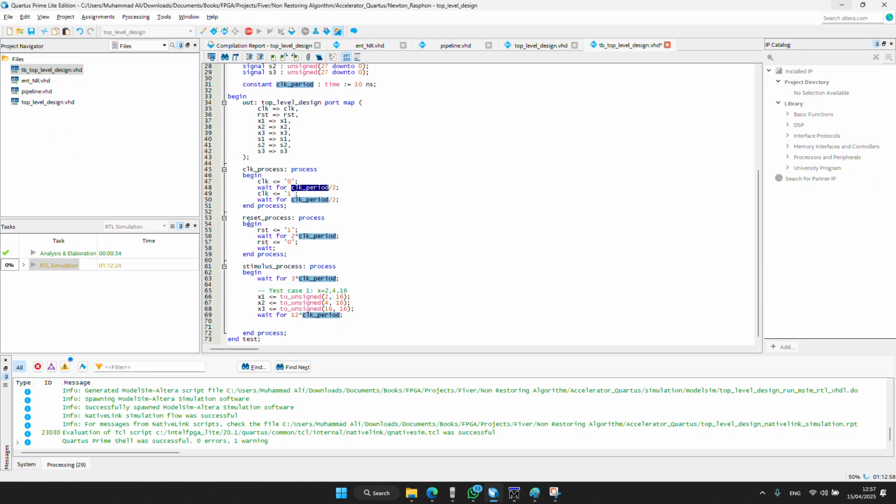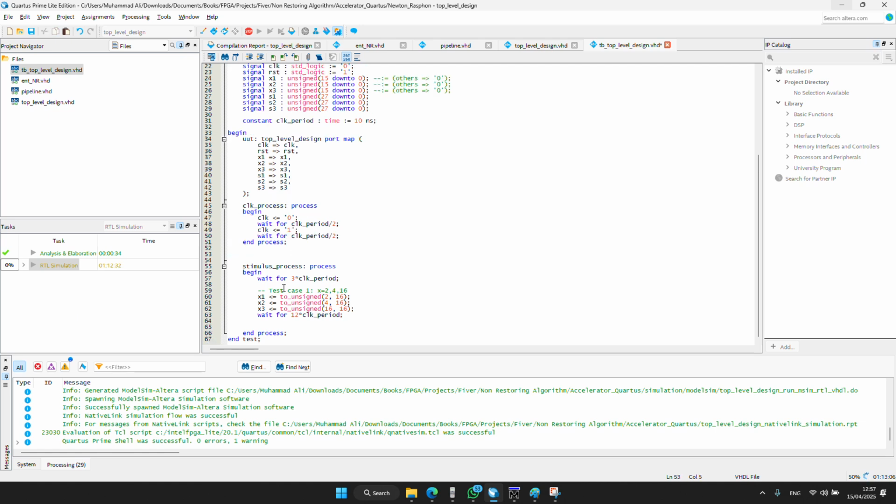Next, this is the reset. You don't really need it. There is also a simpler way if you want to make it easier to explain. You can add reset equals 1, then wait for 10 nanoseconds, then reset equals 0, and then you can remove this wait for the clock period as well.